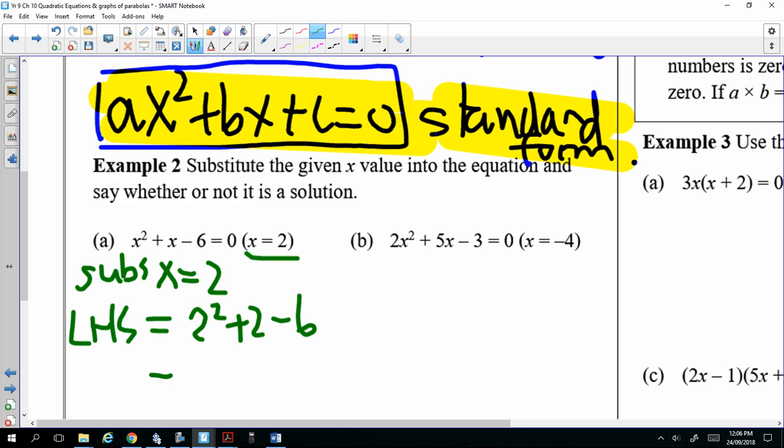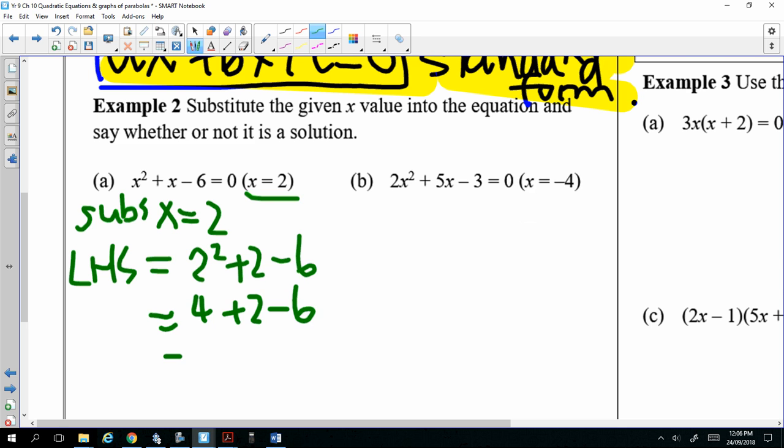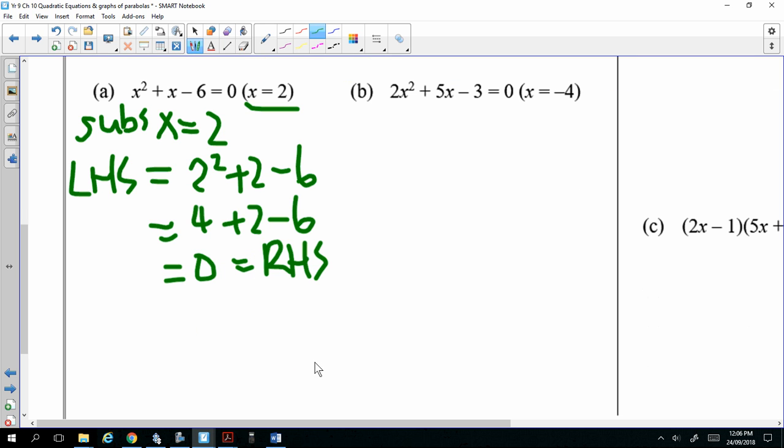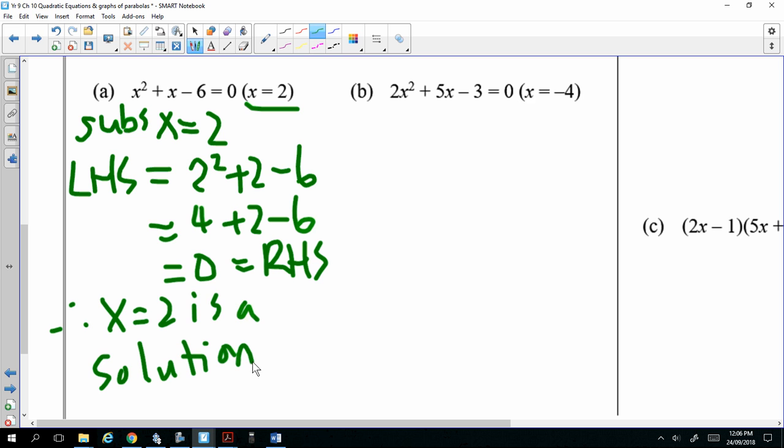What do you get? Do you get 0? Yes, which is the right side. And you write a conclusion. Therefore, x equal to 2 is a solution. Does that make sense? You're checking whether x equal to 2 is a solution to the equation.